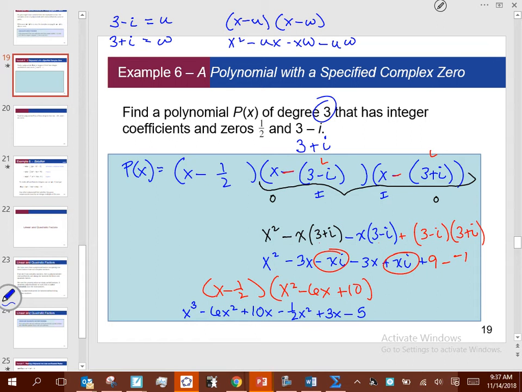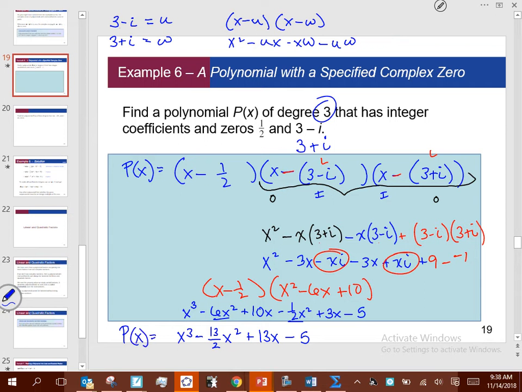Okay. So now we're going to combine like terms there, and we're going to have x cubed minus, so negative 6x squared and negative 1/2 x squared gives me negative 13/2 x squared, plus then 13x and minus 5.